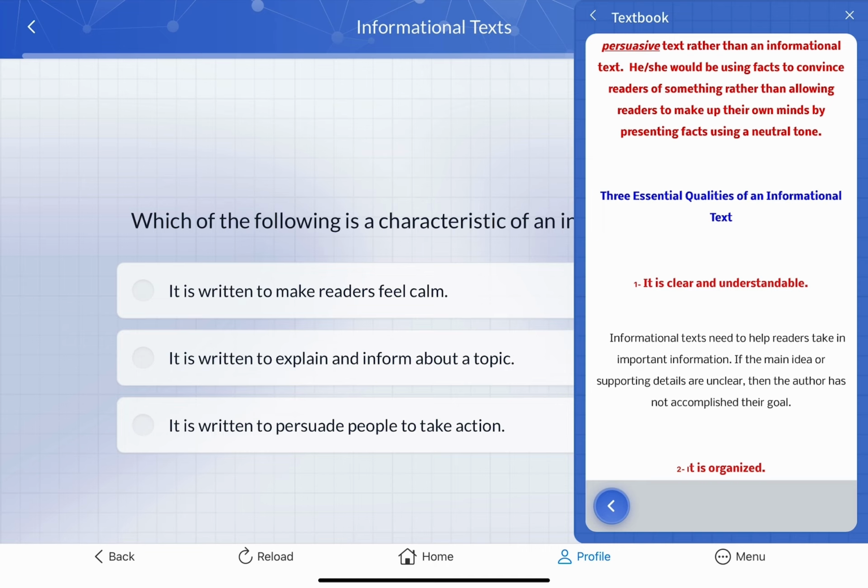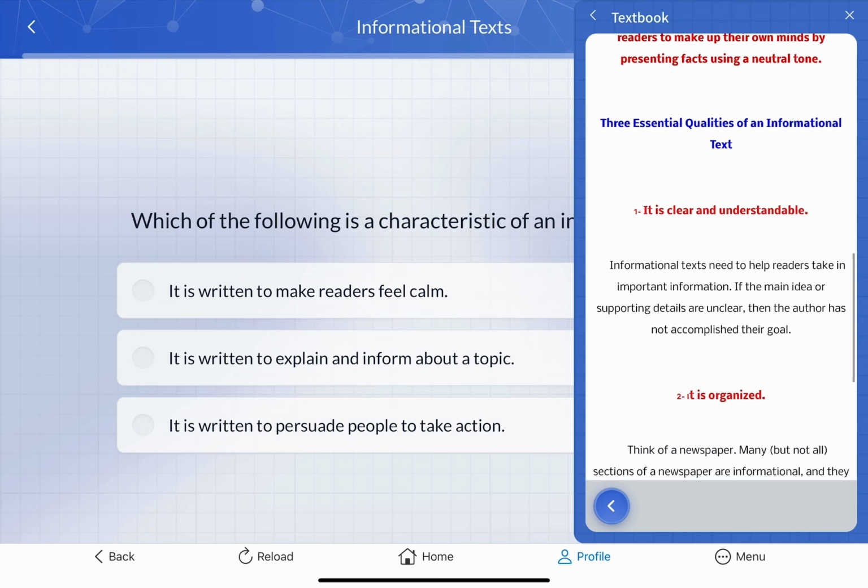So you want to write it clear and understandable. If the main idea or the supporting details aren't clear, then the author has not accomplished their goal in writing an informational text.